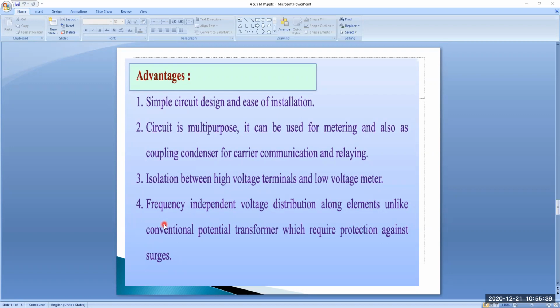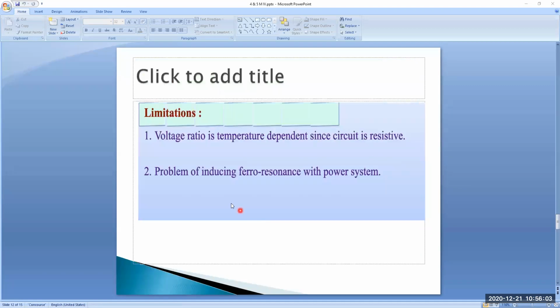That's why there is no dependence on frequency. A resistive circuit does not depend on frequency, while an inductive or capacitive circuit does. Am I right or not? Frequency independent voltage distribution along elements, unlike conventional potential transformer, which requires protection against surges.